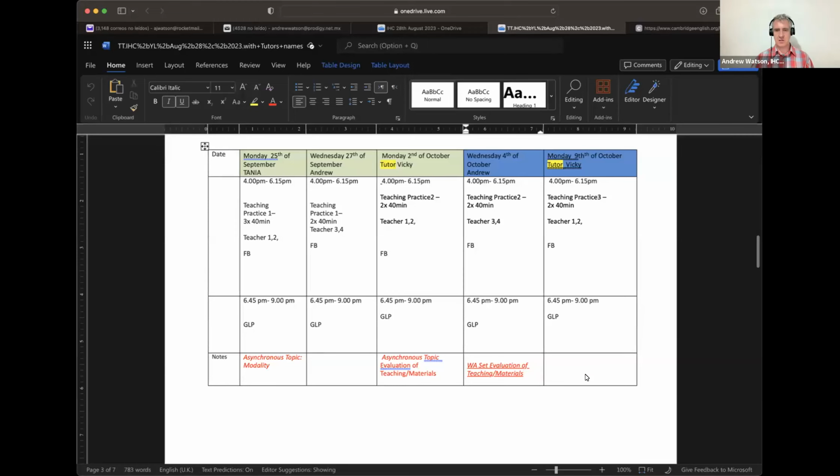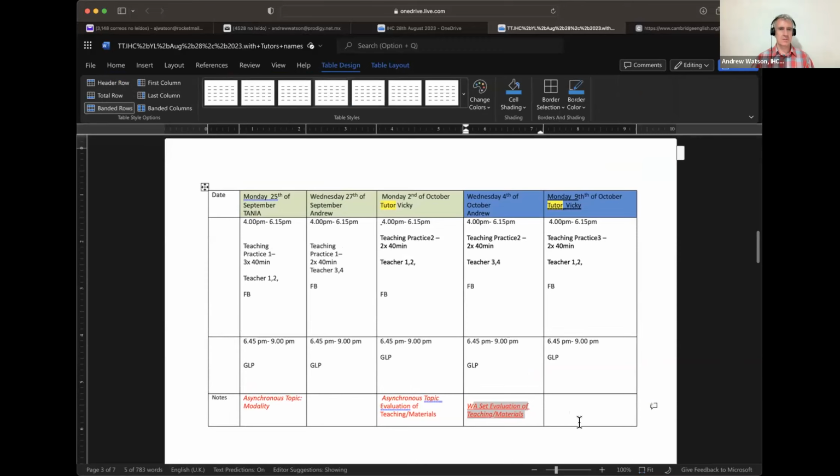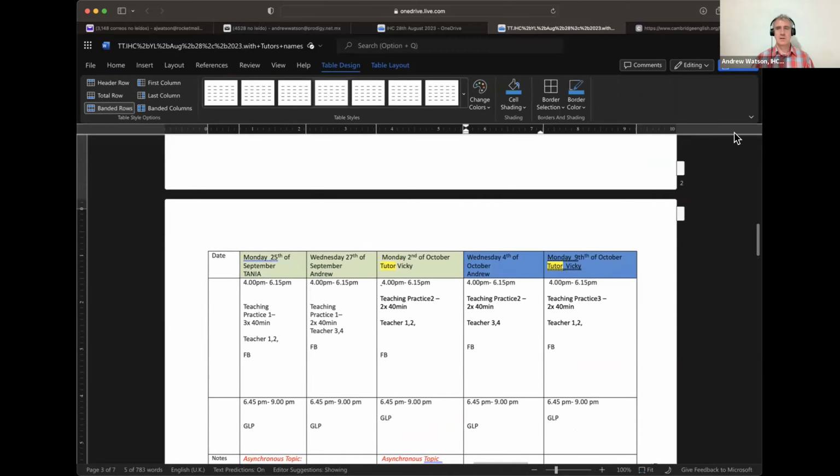And this is written assignment 2, evaluation of teaching materials, as stated on our timetable here. Evaluation of teaching materials. So, any questions so far?